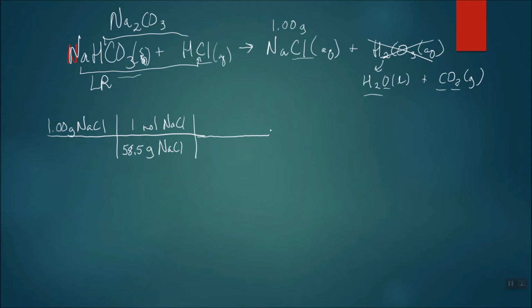All right, so now we're able to move from sodium chloride to what we need, which is sodium bicarbonate. Where do we get these numbers? These numbers come from our balanced equation. That's an understood 1, and that is an understood 1.